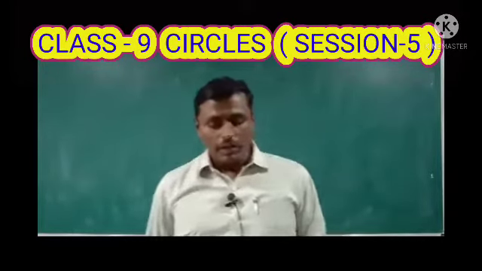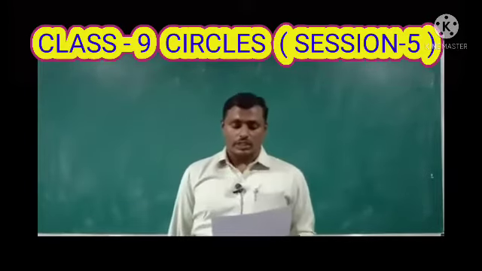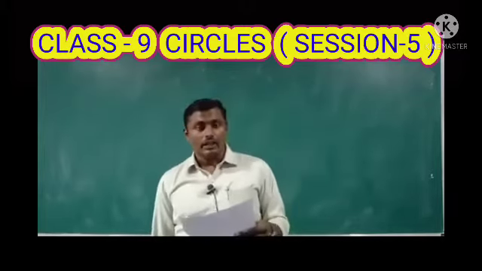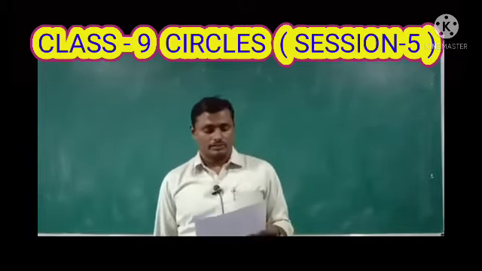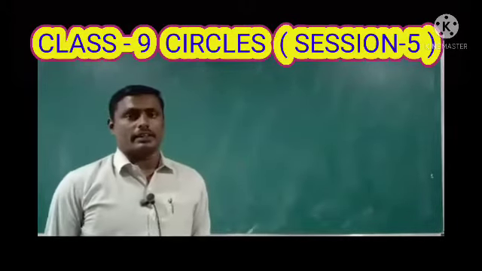So two circles are intersecting, and in that, one common chord is there. If the diameters of these two circles are 50 centimeter and 34 centimeter, calculate the distance between their centers.